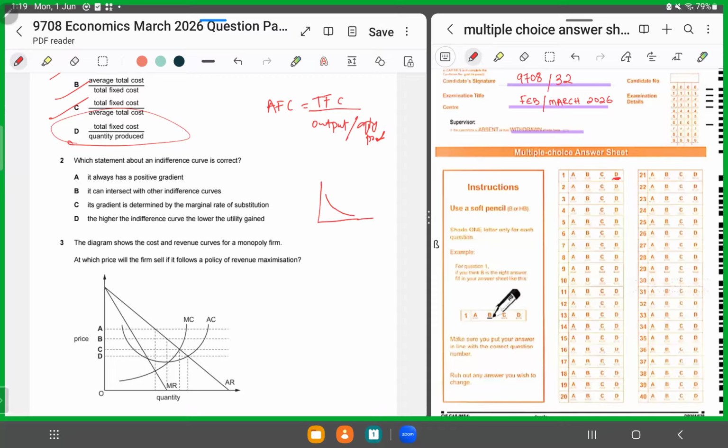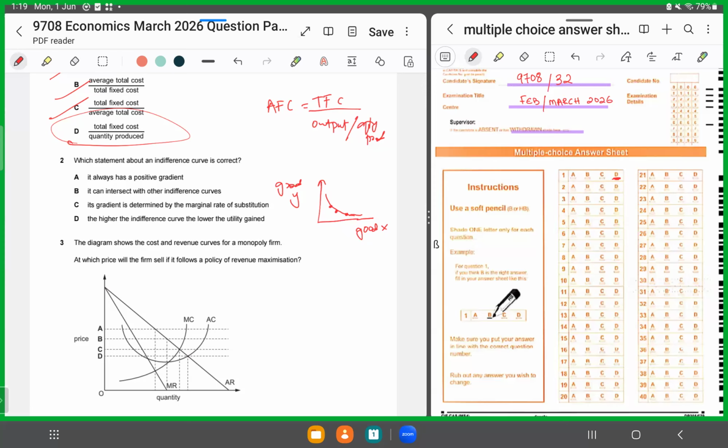It's downward sloping, and over here you can write good Y, over here you can write good X, right? And these are the different combinations on the same indifference curve that yield you the same amount of satisfaction. That means the consumer is indifferent if he switches between these combinations of good Y and good X. That means that they yield him the same amount of utility.